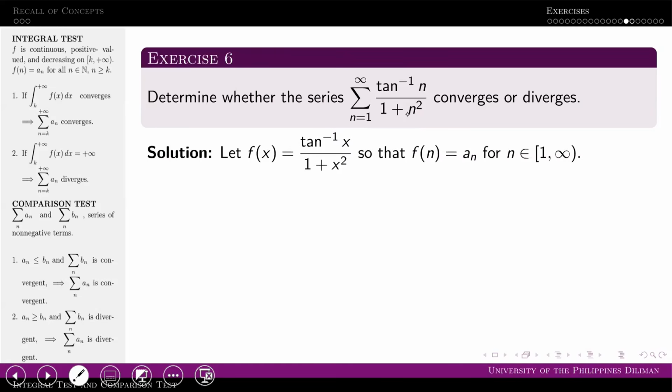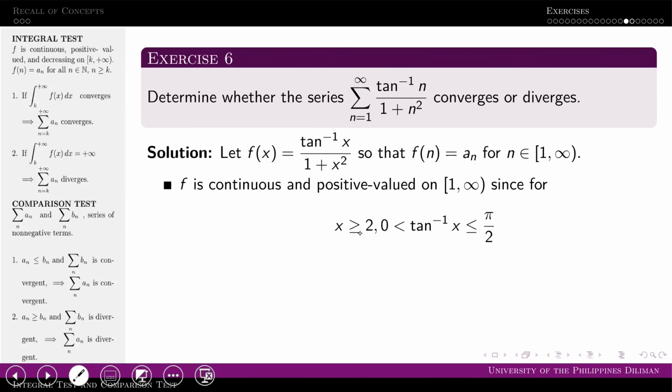But let's let f be tangent inverse of x over 1 plus x squared. So, yung f of n natin is equal to a_n on our interval 1 to infinity. Clearly, this is continuous on our interval. As for positive valuedness, for as long as x is greater than 0, strictly, arctan of x would be between 0 to pi over 2.